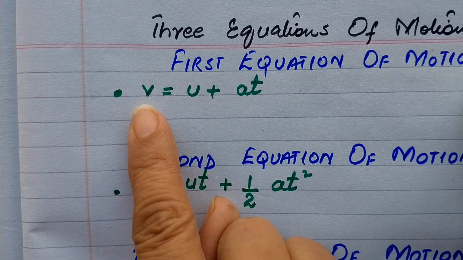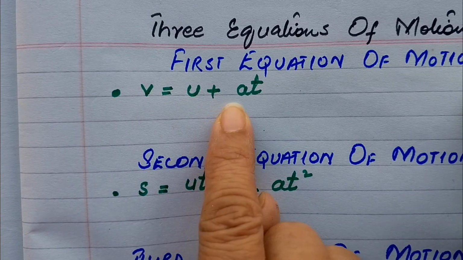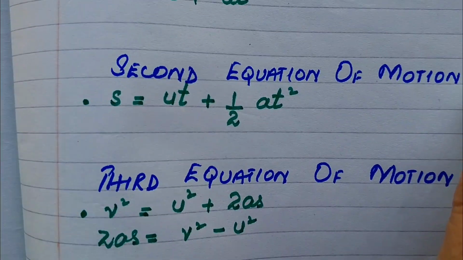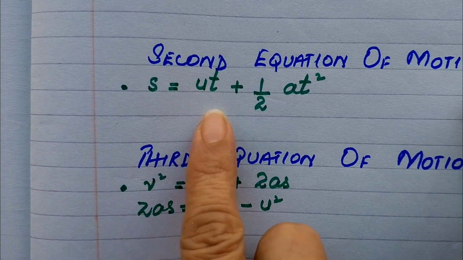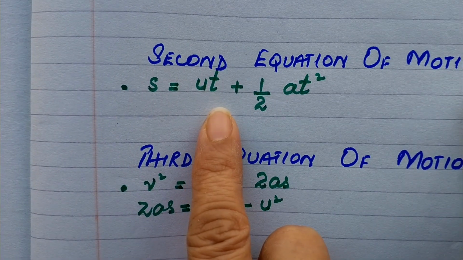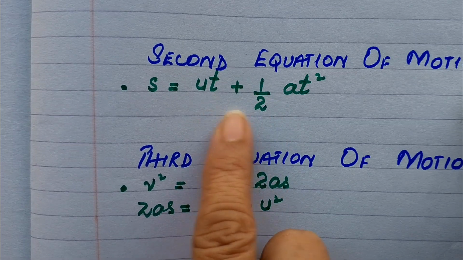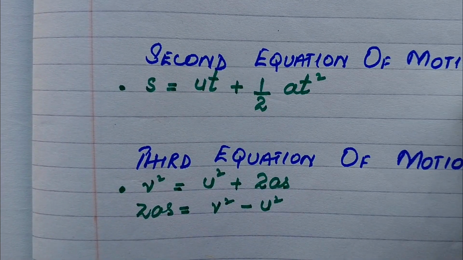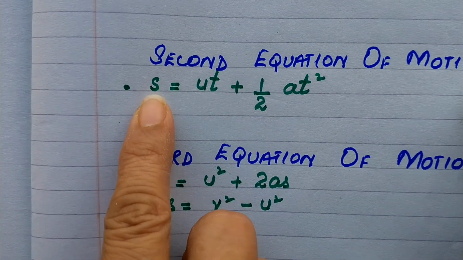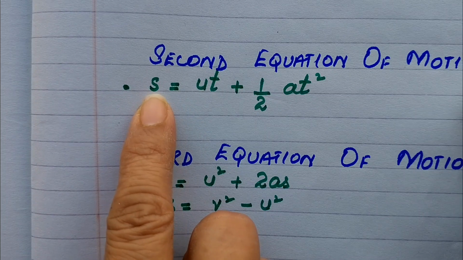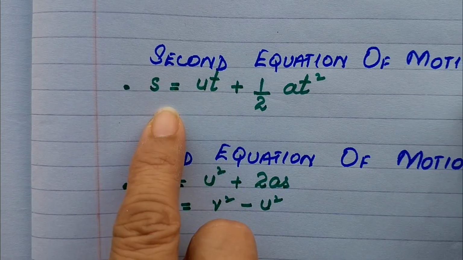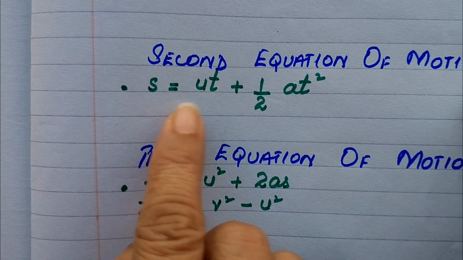The first equation of motion gives the final velocity of an object, and the second equation of motion is the one through which you can calculate the distance traveled by an object. Similarly, through the third equation of motion you can find the distance and acceleration as well.